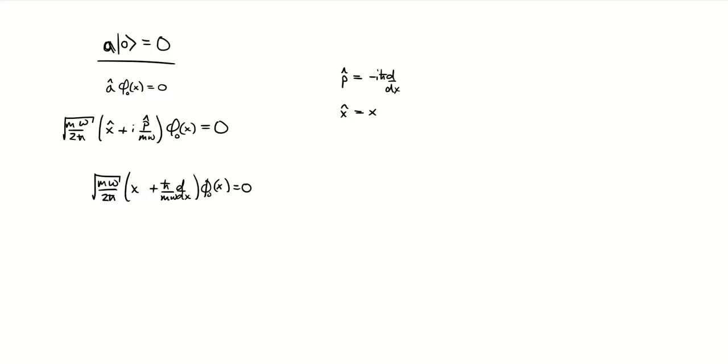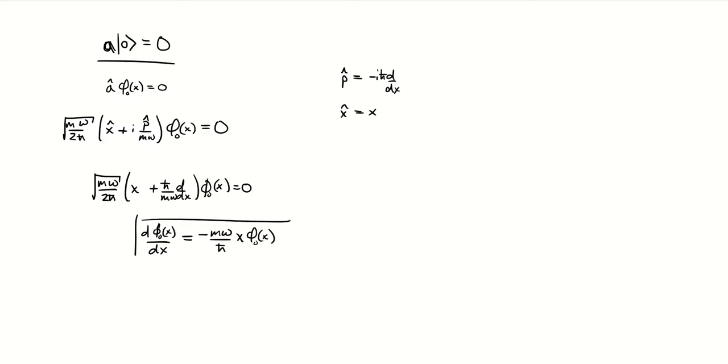If we do that, we end up with a differential equation. If we bring things to opposite sides, we have the first derivative of our ground state energy eigenfunction is just negative m omega over h bar times x times phi naught of x, right?